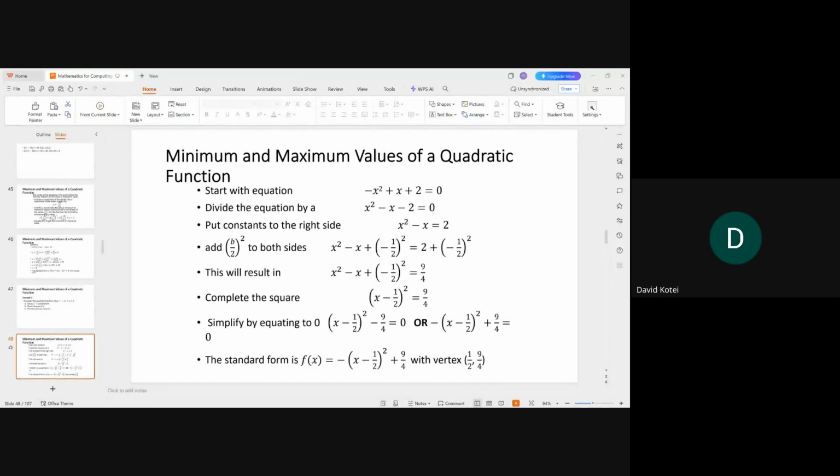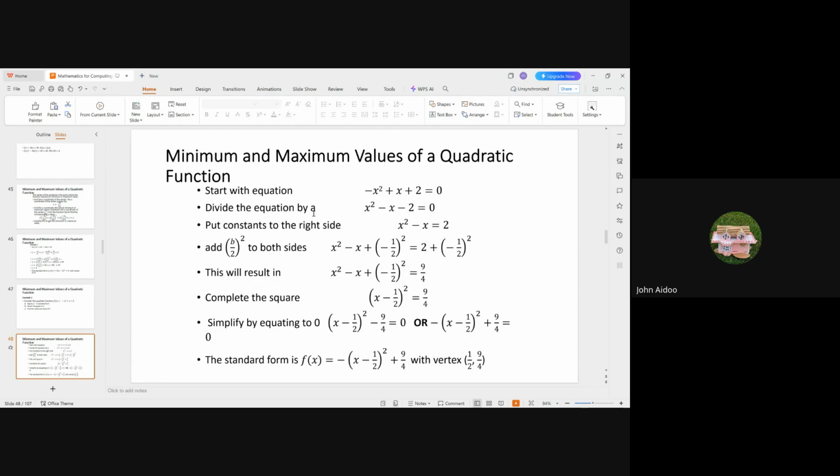Okay, so the equation given was minus x squared plus x plus 2. Now, the next step is to divide the equation by a. What is a? A is minus 1.